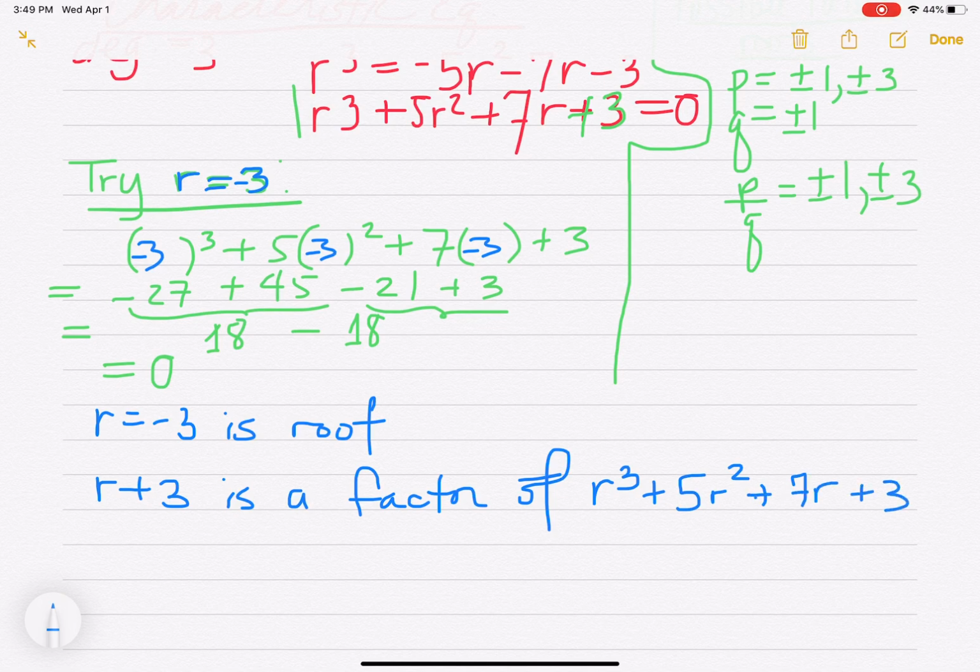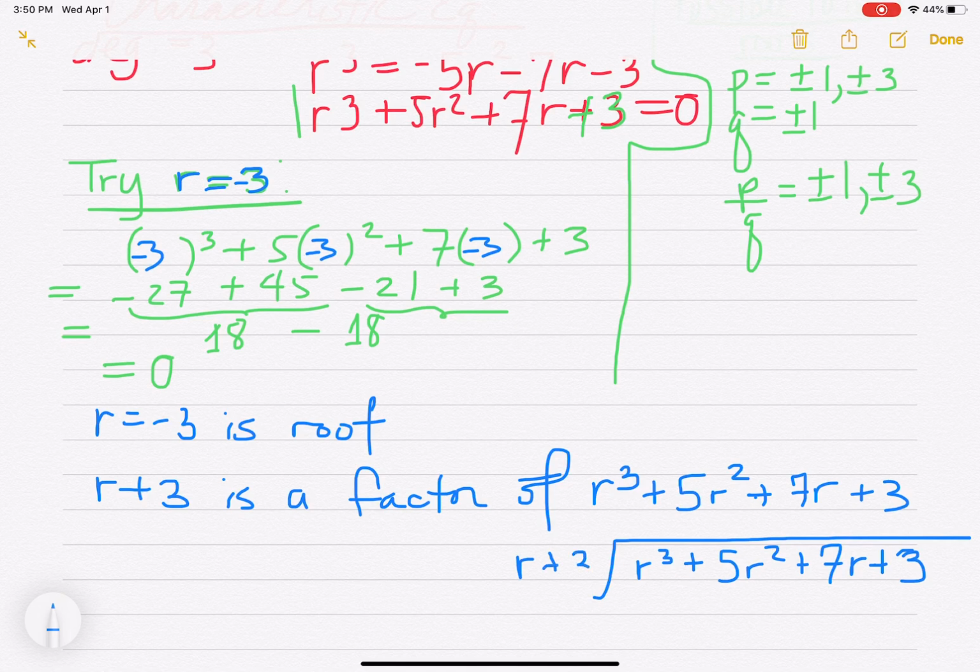That polynomial. So what we're going to do is long division. We're going to take r cubed plus 5r squared plus 7r plus 3, which is called our dividend, and divide the divisor r plus 3 into that, and we're going to get a quotient up top.